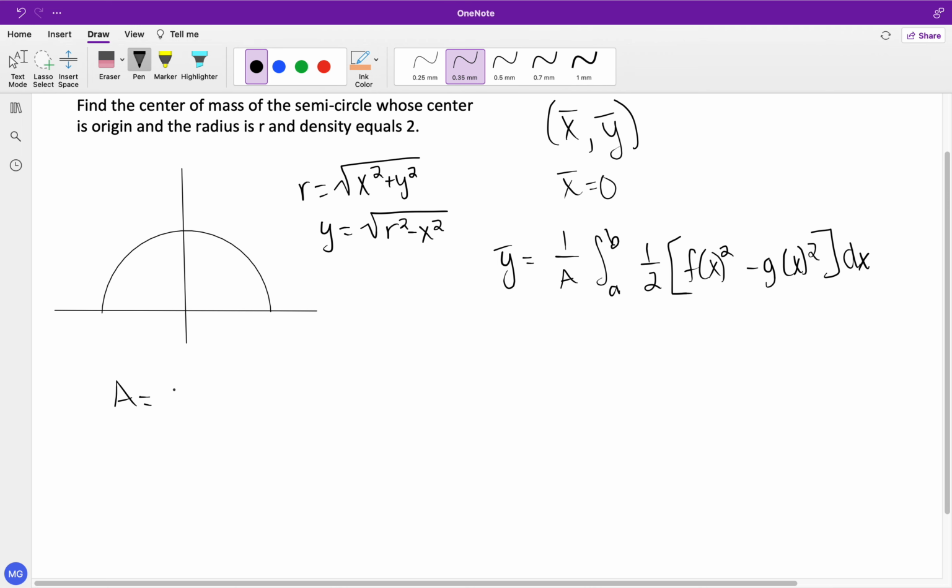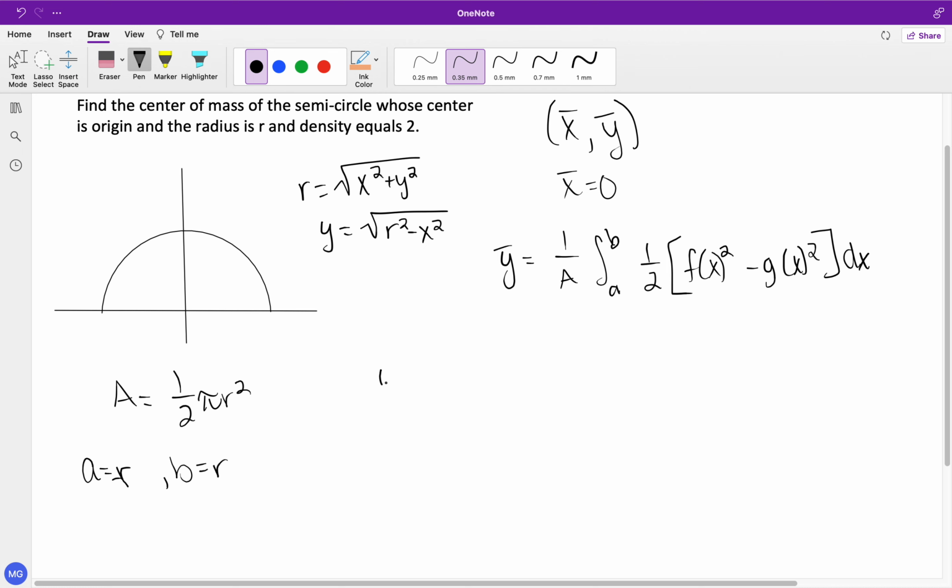From here, we can identify our area to be 1/2 pi r squared, since it is half of a circle. And we can say that our a is equal to negative r, and our b is equal to r.